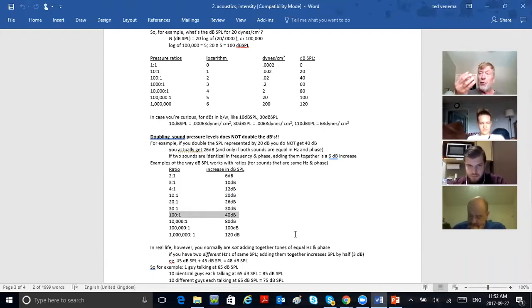Okay, so if one person is singing at 70 decibels sound pressure level, and then 100 people are singing at 70 decibels, if they're clones of the one person, if they're identical, then you're going to have 70 plus 40. That's 110. But guess what? They're all different from each other. And because they're all different from each other, you won't even go up by 40. You're only going to go up by half of that. Just like 3 is half of 6, you're only going to go up by 20. So guess what your sum total is? 90 decibels. And that makes more sense.